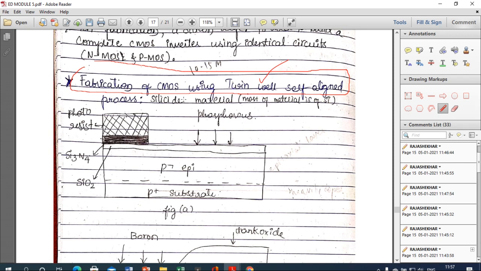This is also a fabrication process of a CMOS, a little bit different from the normal procedure. We will discuss this in the next class. After that we will wind up module 5.